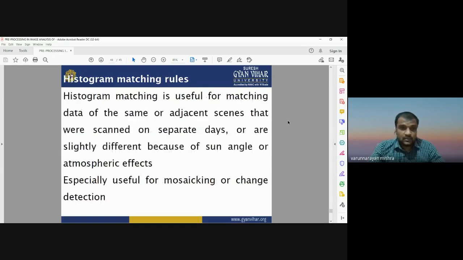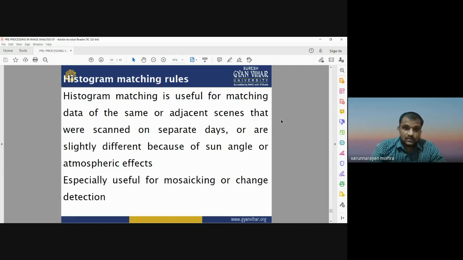Histogram matching is very useful for matching the data of the same or adjacent scenes that were scanned on separate days. When you have the same image at different dates, or they are slightly different because of the sun angle or the atmospheric effect, we can go for histogram matching. These rules are very useful for mosaicing or change detection.